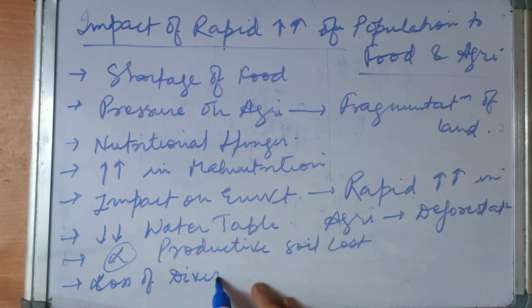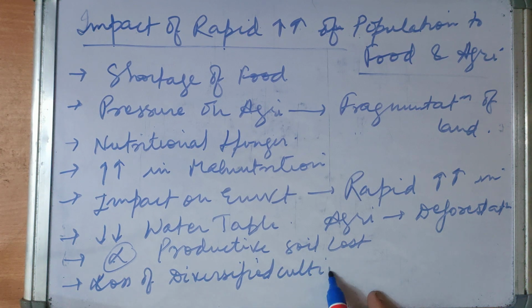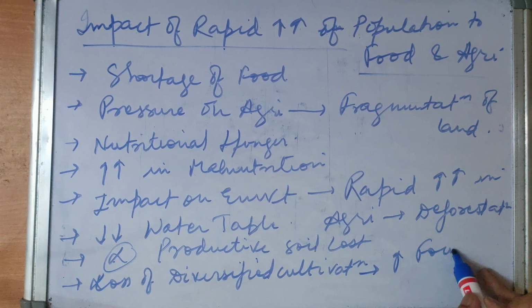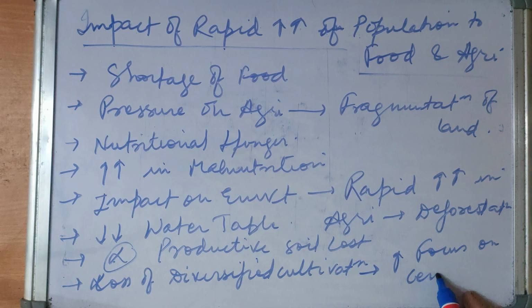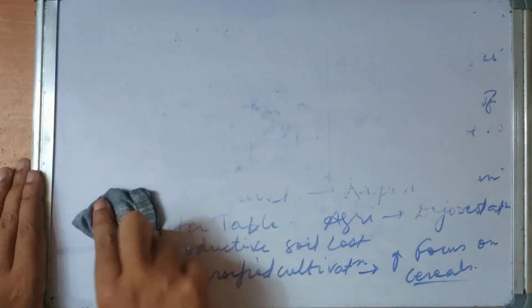We have more focus on cereal grains, and other types of food crops are neglected. So it leads to monoculture. So this will be the impact of rapid increase of population on food and agriculture.